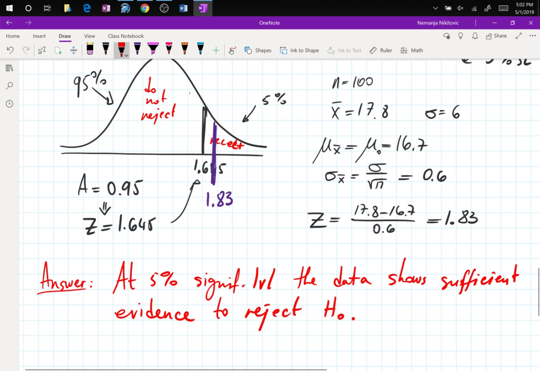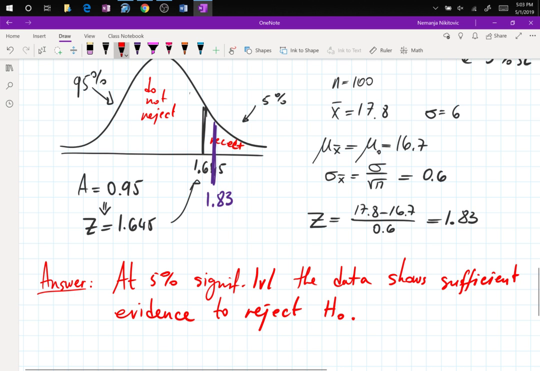So now you're going to go, hold on. We did the same problem two different ways, and we got two different answers. All right? Well, depends on, first problem was a two-tailed test, and at 5% significance level you only get 2.5% from each side.